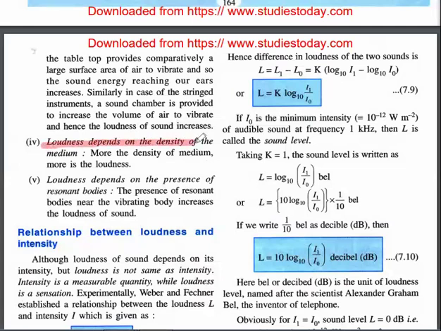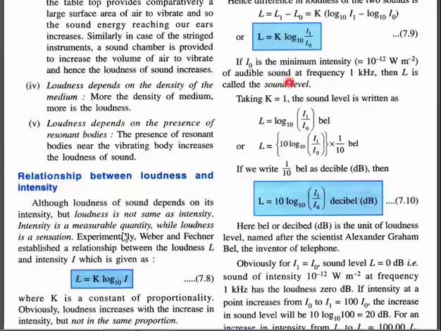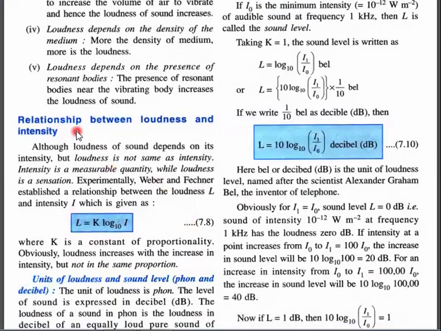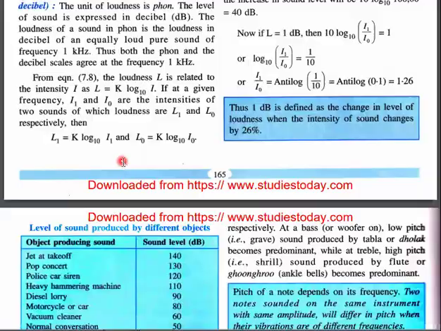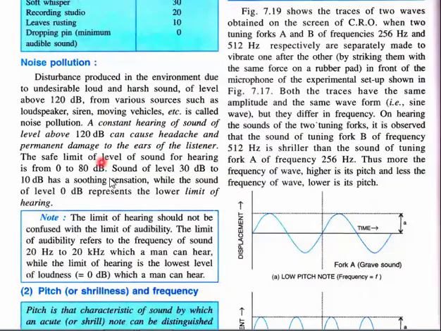Loudness depends on the density of the medium, and loudness depends on the presence of the resonant bodies. Okay, so then we'll go down. This formula, you have to just go through it. Relationship between loudness and intensity. And just go down.